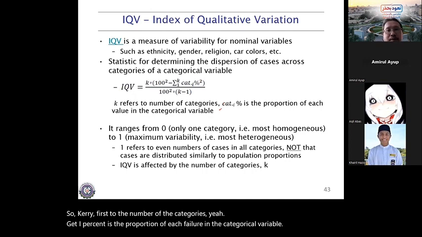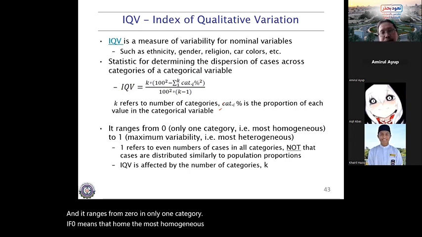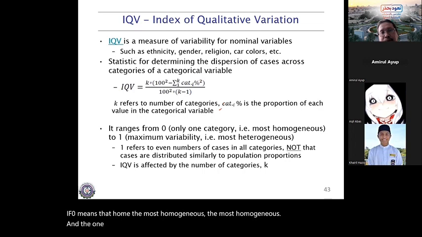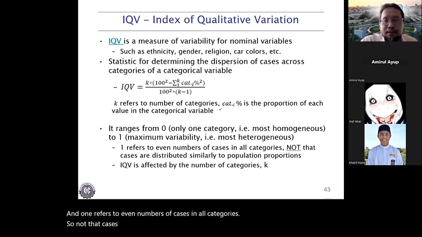It ranges from 0, meaning only one category, the most homogeneous, to 1, the maximum variability, the most heterogeneous. And 1 refers to an even number of cases in all categories, not that cases are distributed similarly to the population proportion.